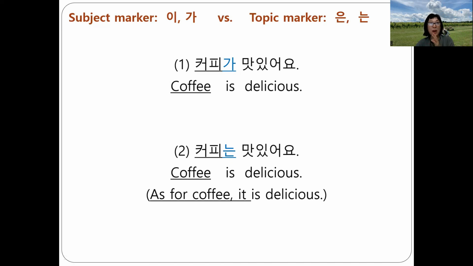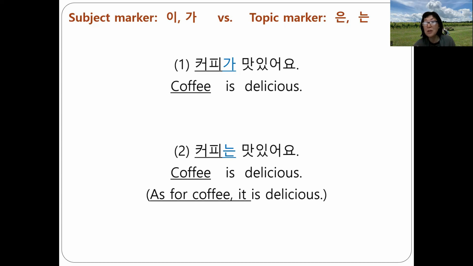Usually, according to the speaker's or writer's intention, they can choose the topic marker or the subject marker. However, the reason why Korean language teachers and Koreans find it a bit strange and weird when Korean language learners use those 이/가 and 은/는 is that, in addition to subject indicator and topic indicator, those particles also deliver some additional meaning. For example, simply, 은/는, the topic marker, has a sense of difference or contrast.